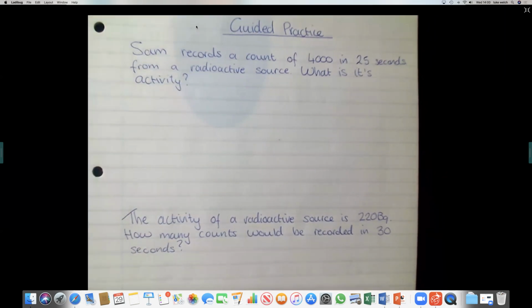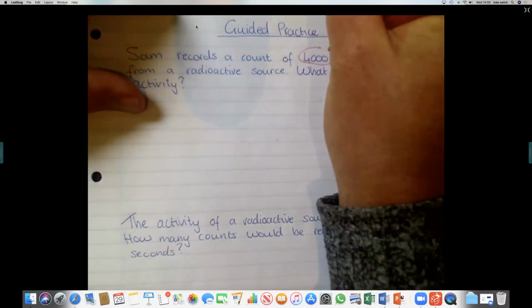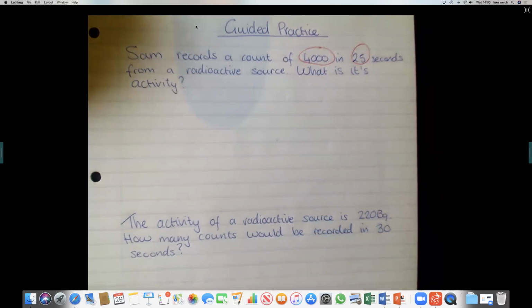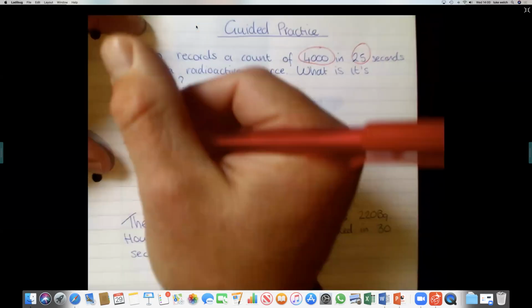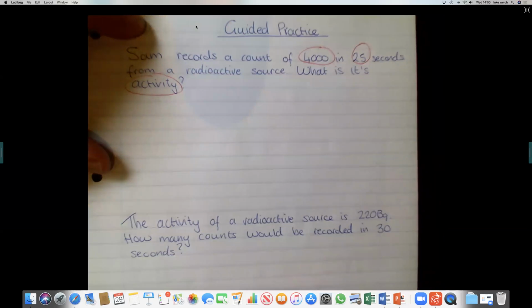Okay, so this question says, Sam records a count of 4,000 in 25 seconds from a radioactive source. So what I'm going to do is circle the key information. What is its activity? First of all, it's told me I need to work out activity. So I need to try and recall the equation I need to apply.